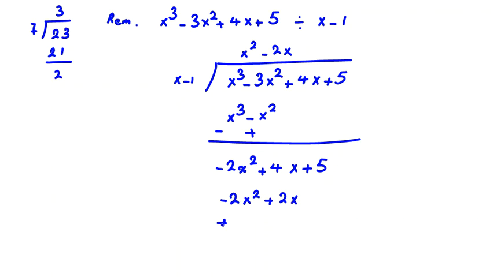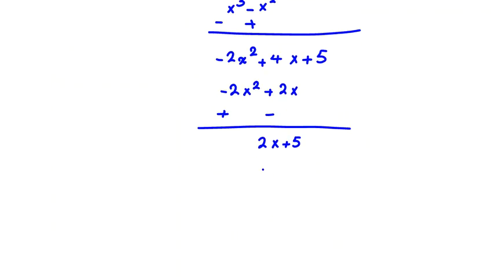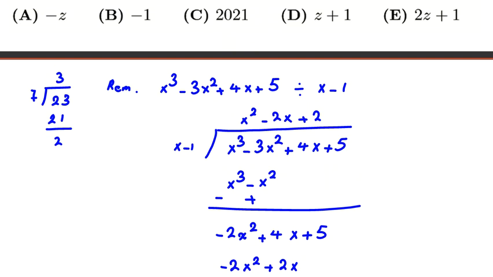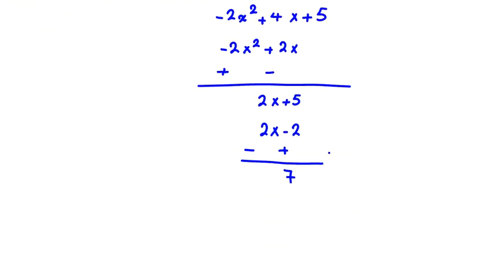And the sign will be changed because we subtract. This one will be cancelled, 4x minus 2x, 2x plus 5. And in the last part, I place 2, it will be 2x minus 2. It will be minus, it will be plus. So 5 plus 2, 7. The remainder is 7. So one way is this, to find the remainder 7.